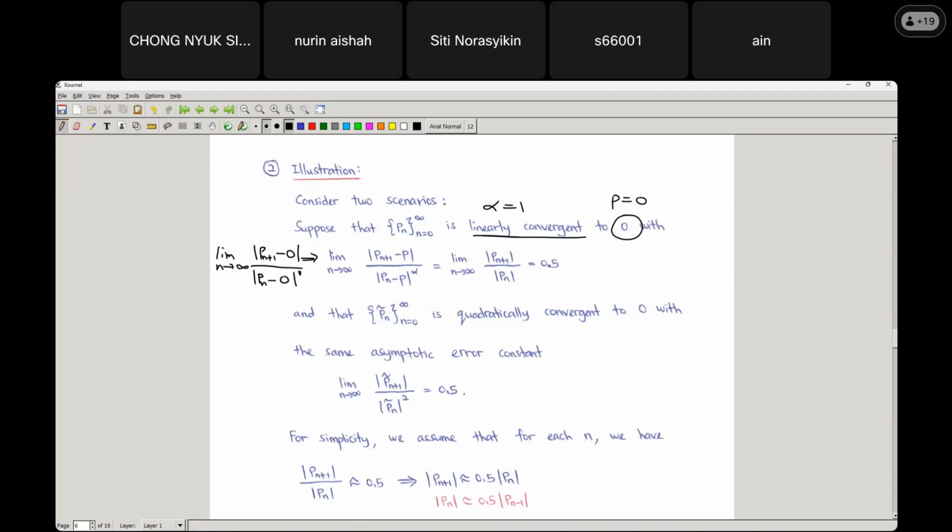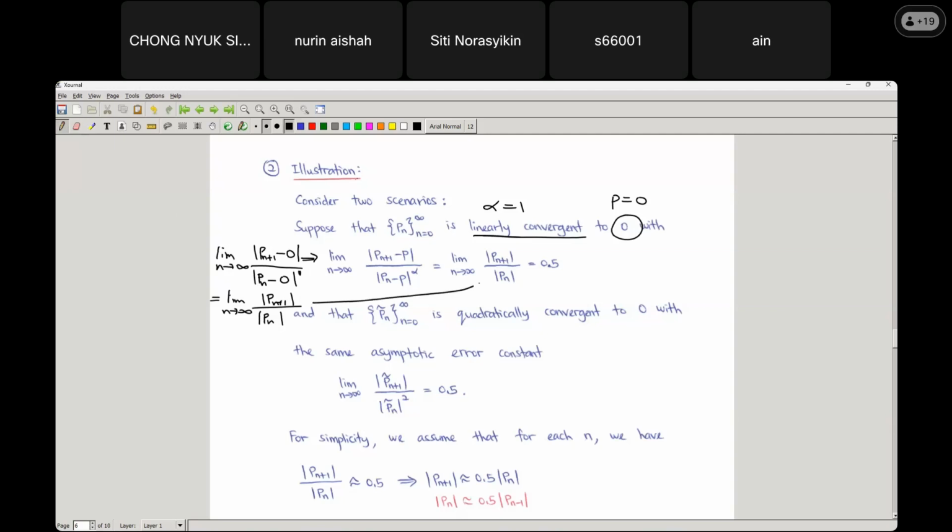Your alpha is 1, so the power of 1, we usually just leave it. So actually this is equal to the limit as n approaches infinity of the absolute value of Pn plus 1 over the absolute value of Pn. This is the limit that we have obtained.